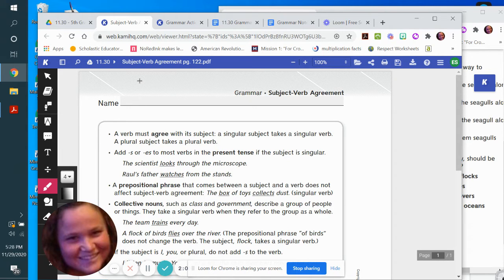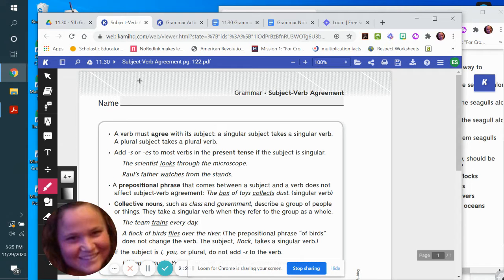So we add that s at the end. We also add es sometimes. Raul's father watches from the stands. Since it's present tense, which means it's happening right now, we add that es so the subject and the verb agree, because it's just one father and one scientist.